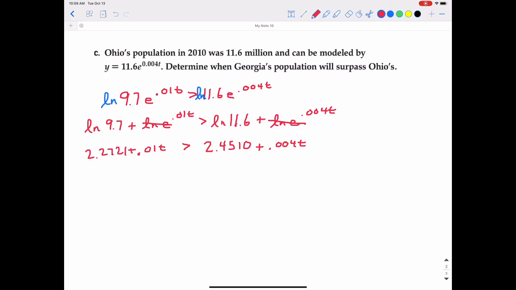We need to get the t's on one side of the equation, everything else on the other side. So to get the t's on the same side, I should subtract 0.004t from both sides. And if I'm moving the t's to the left, that means I need to move everything else to the right. So I'll subtract this negative 2.2721 from both sides in the same step.